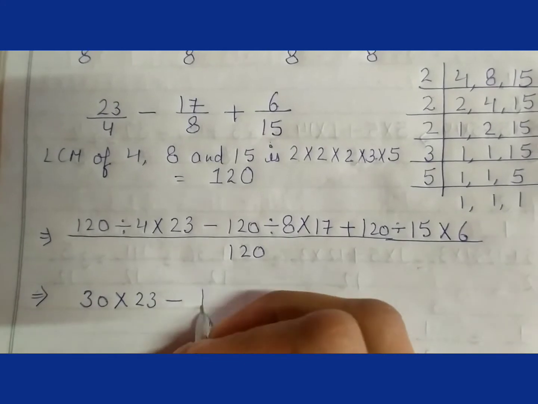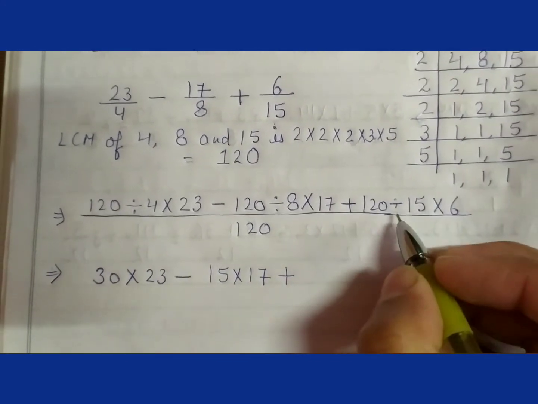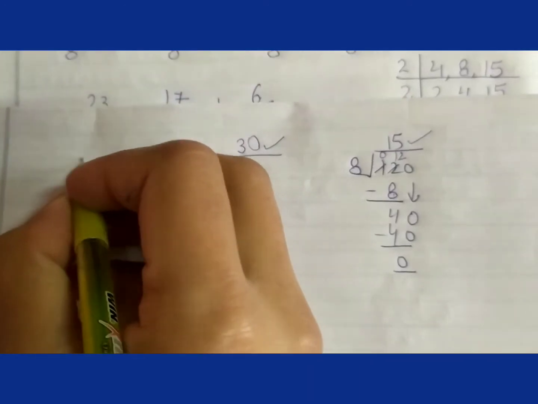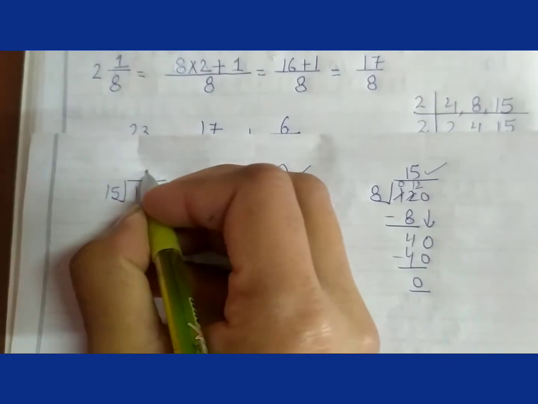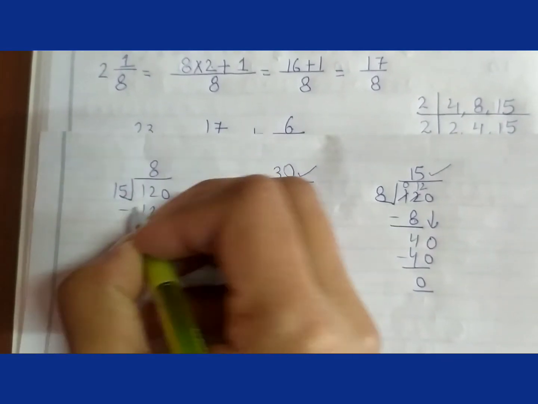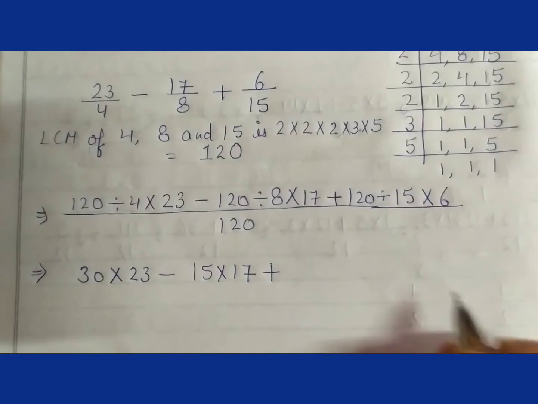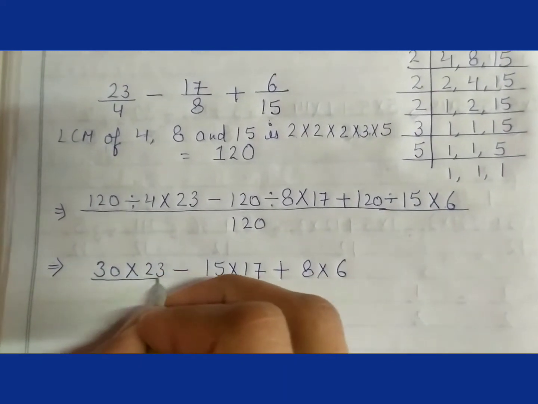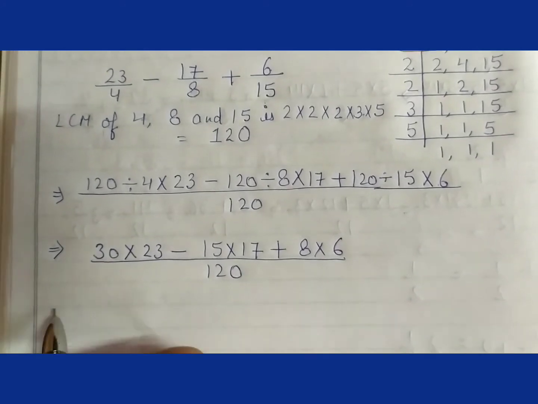Write 15 multiply 17 plus 120 divided by 15. 120 divided by 15. Children, 15 8s are 120. 120 minus 120 equal to 0. Answer is 8. Write 8 multiply 6 upon 120.